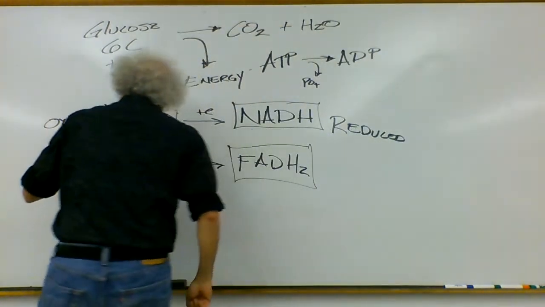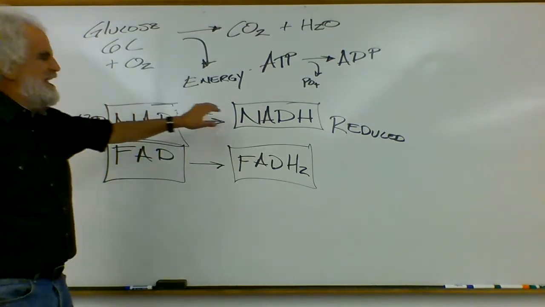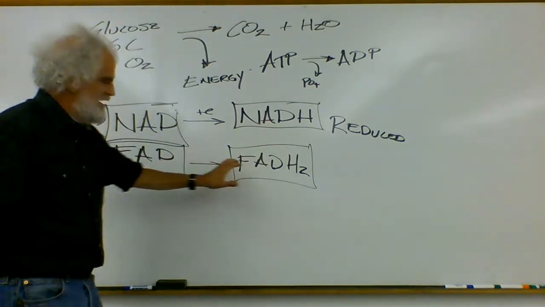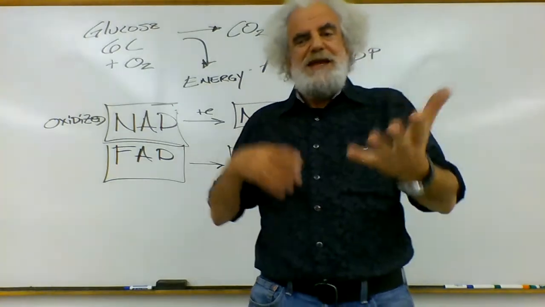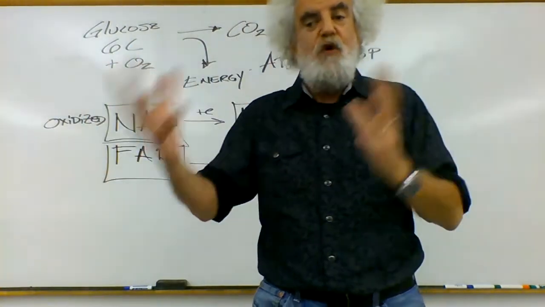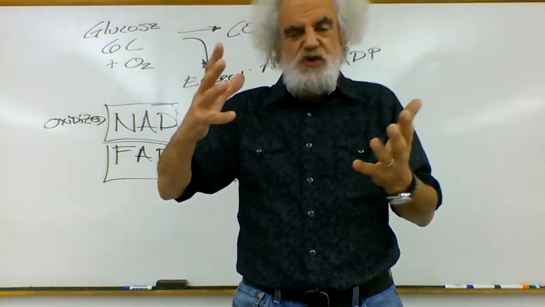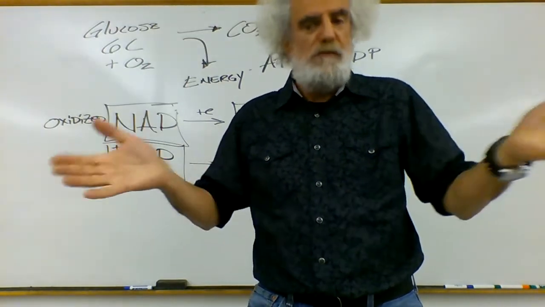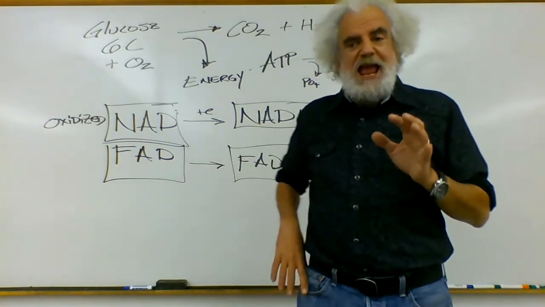The electron carriers, they cycle between these two states, NAD and NADH. You pick up an electron, it becomes NADH. FAD and FADH2. So these molecules, ATP, NAD, and FAD, they're constantly cycling back and forth between their two forms.